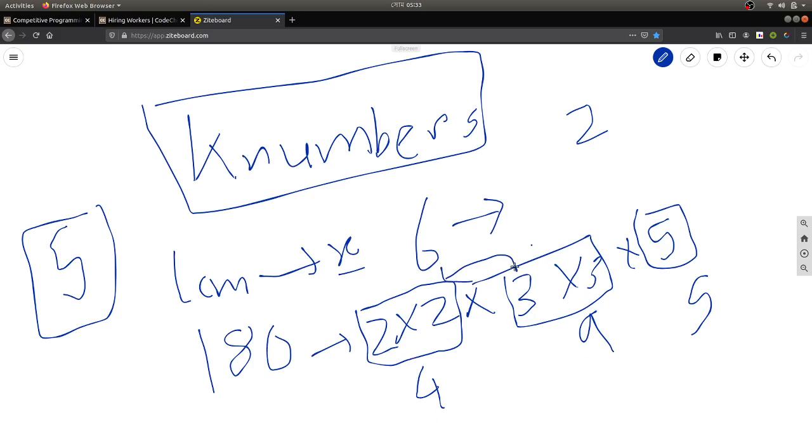But if you take this 3 from this block and add it to the other block, then this number will have a 3 in it, and this number also has a 3 in it. Now they have a common prime between them, so they will both be cancelled out. So the ultimate LCM will not be 180.